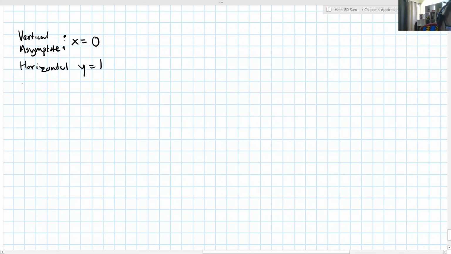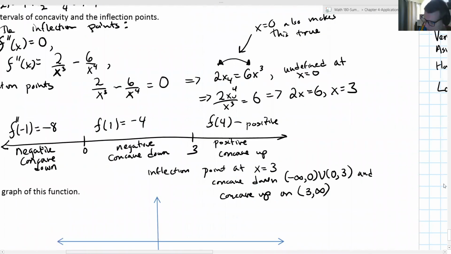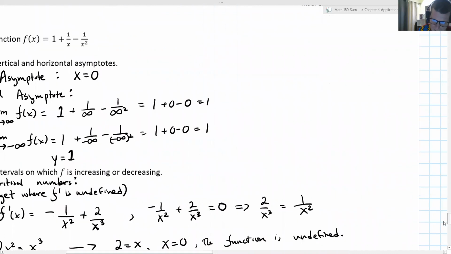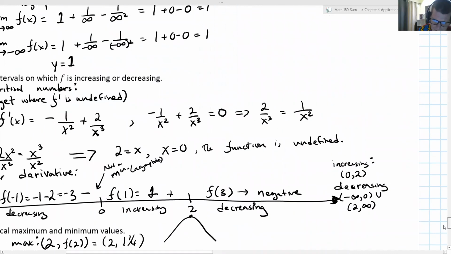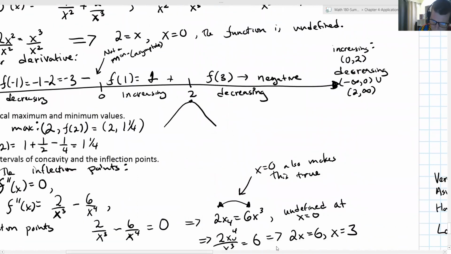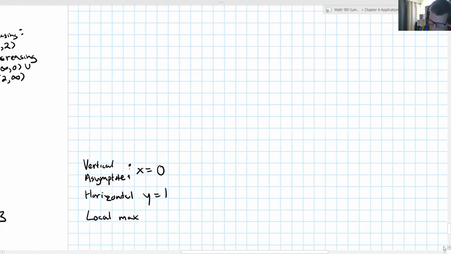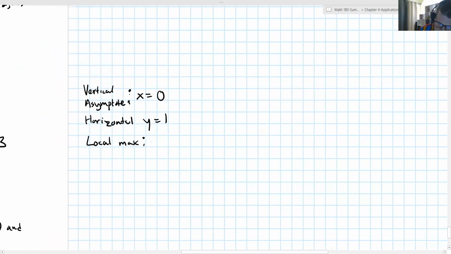The next thing I want is my local max. Got to go back and see what it says. Got a local max at 2, 1 1/4.